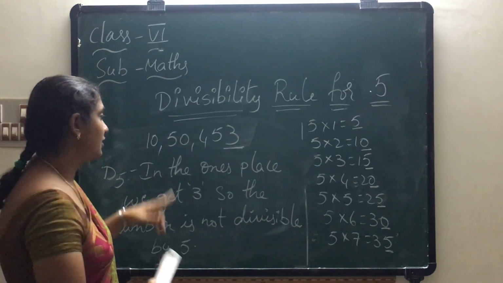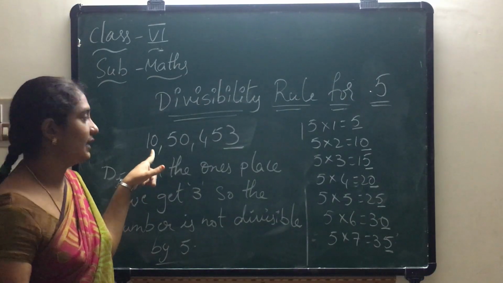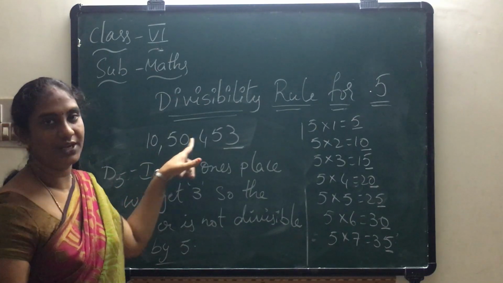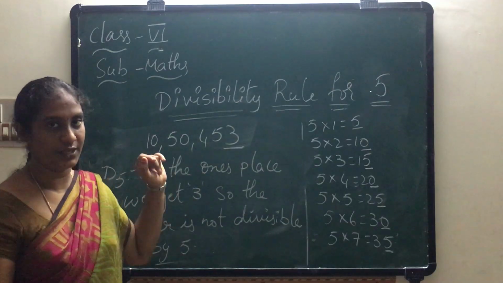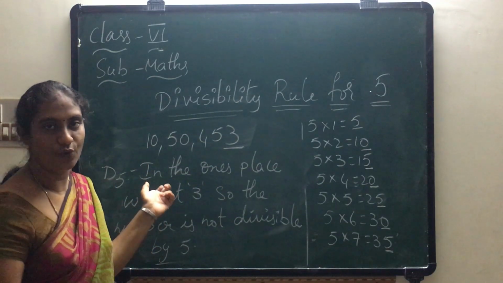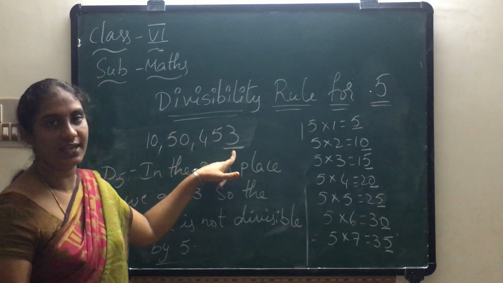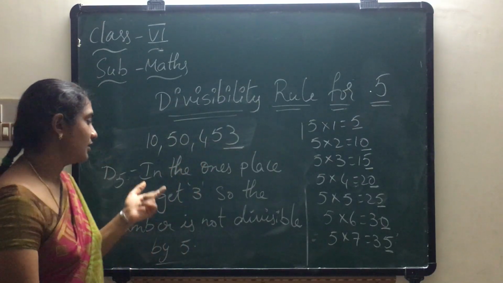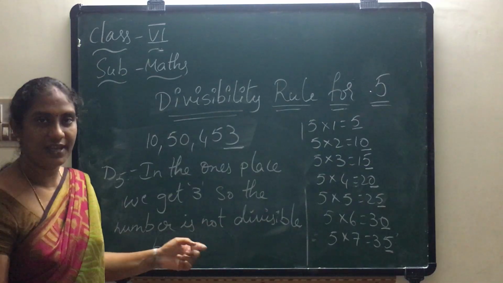Okay, Nana? What is the number they gave here? 10 lakhs 50,453. Now, is this number divisible by 5 or not? No. Why? Because in the units place we get 3. So, that's why it is not divisible by 5.